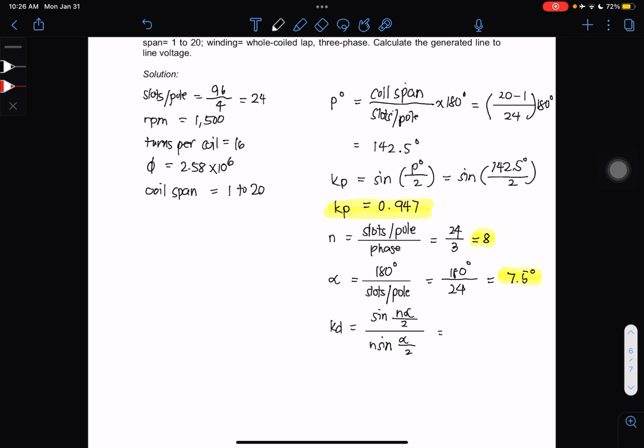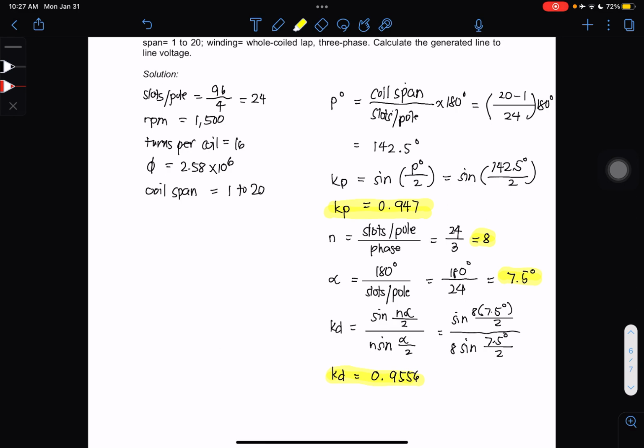So substitute the data: sine of 8 times 7.5 degrees divided by 2, over 8 sine of 7.5 degrees over 2. So our distribution factor will be 0.9556. So take note of this.